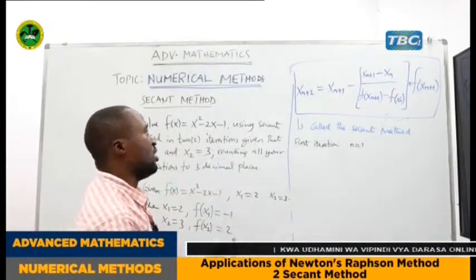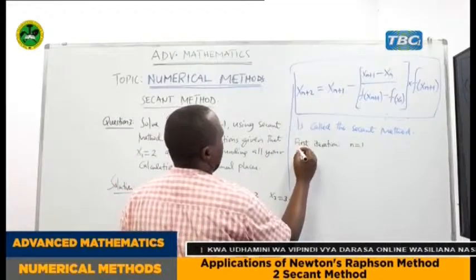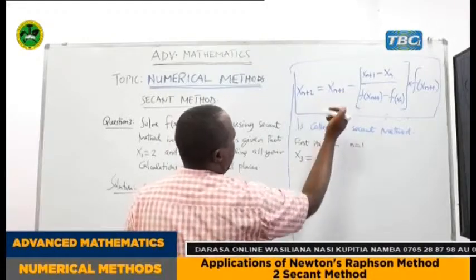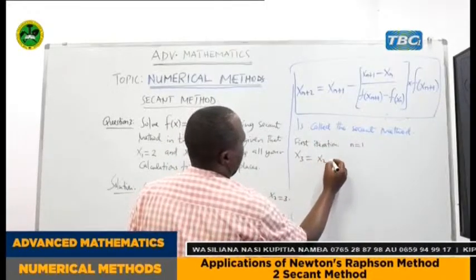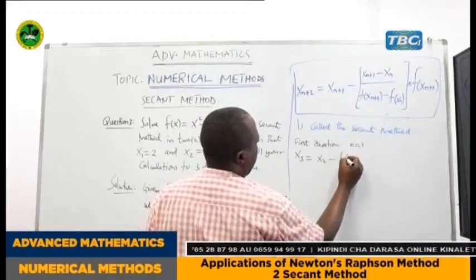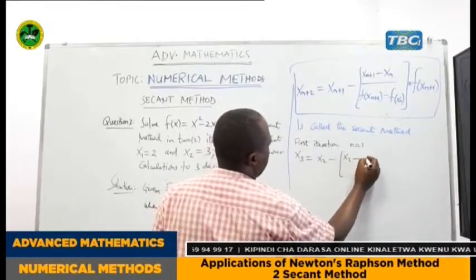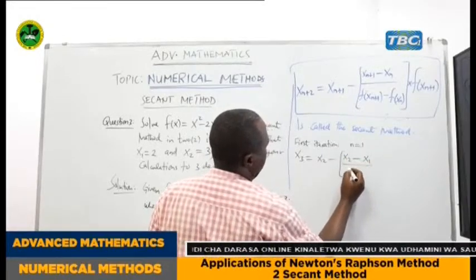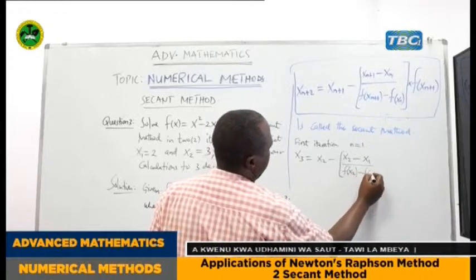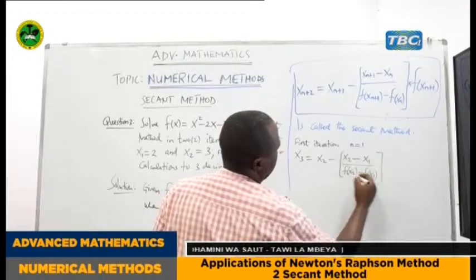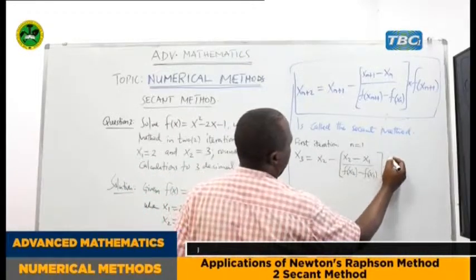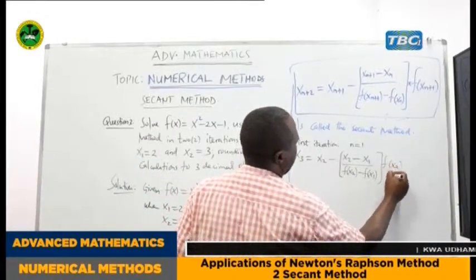So when n is equal to 1, that is 1 plus 2, we have x3 is equal to x2 minus bracket of x2 minus x1 over f of x2 minus f of x1, then times f of xn plus 1, that is f of x2.